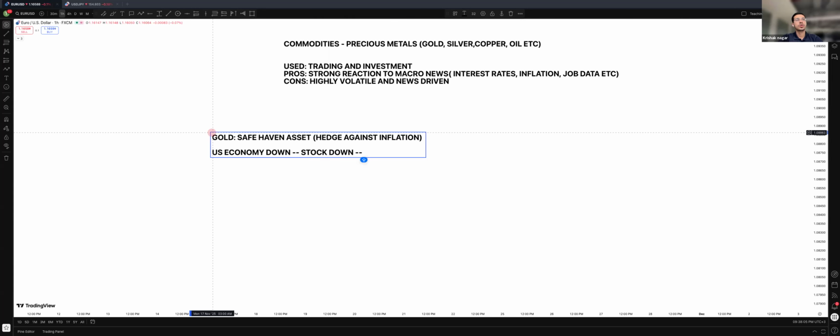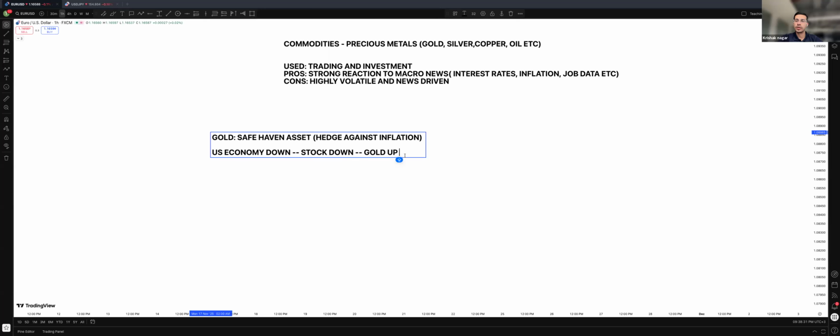Everybody will put their money into gold and gold goes up. This is how the commodity markets are driven, depending on how the US stock market is, how the US economy is, and if there are any fundamentals or news-related events coming out. As I mentioned, commodities are heavily news driven.